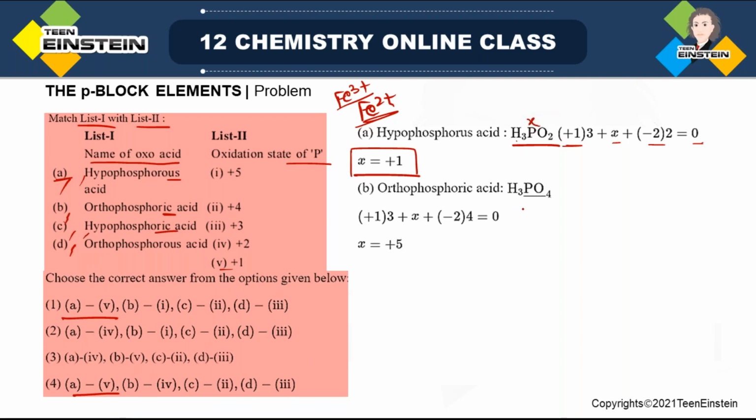Then orthophosphoric acid, it is H3PO4. Similar type of calculation: 3 hydrogen, 4 oxygen, overall charge is 0. So from this you get plus 5. That means B is related to 1.